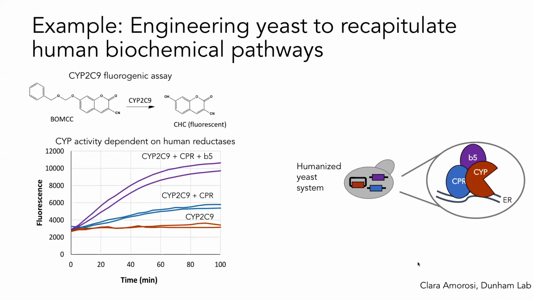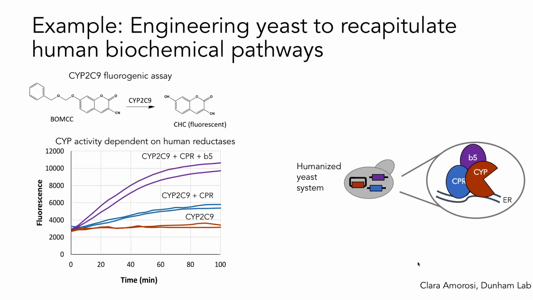Just to give some real world examples of modifications that people have done in order to enable a deep mutational scan, there's a really nice example from Clara in the Dunham lab, who spoke yesterday. She did the DMS on a human protein, CYP2C9, and she performed it in yeast. What she noticed is that if she just expressed CYP2C9 by itself, she didn't get a good readout in her functional assay.